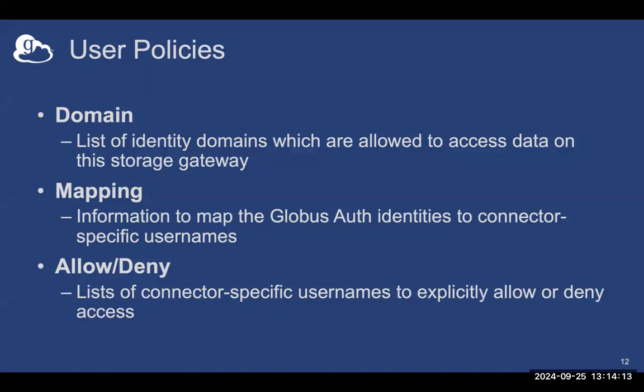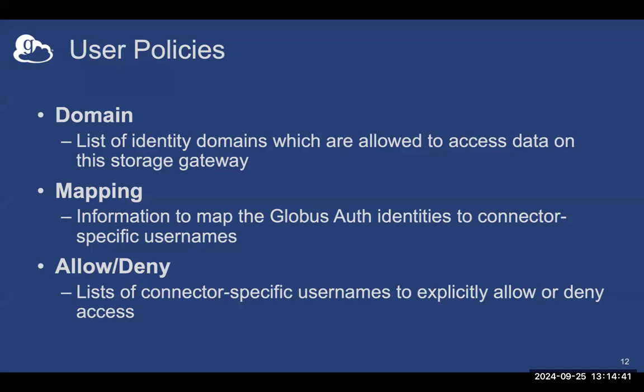The mapping is a layer that translates the Globus Auth identity information and turns it into some connector specific username so that it can use that to access data. So for a POSIX file system, that would change your user at university.edu into just the username.